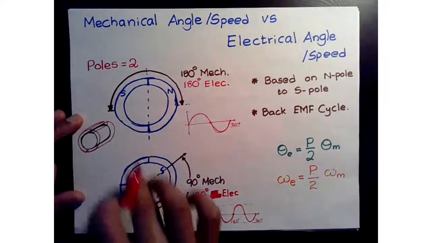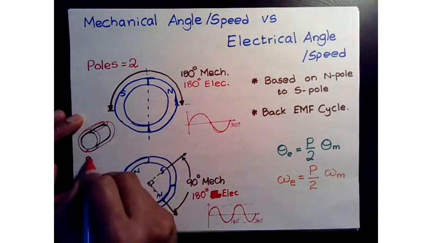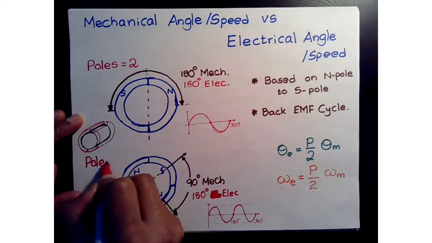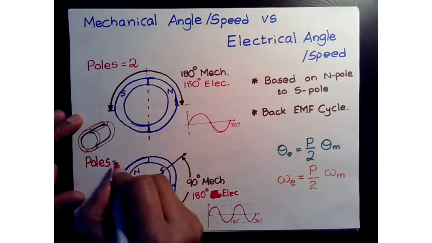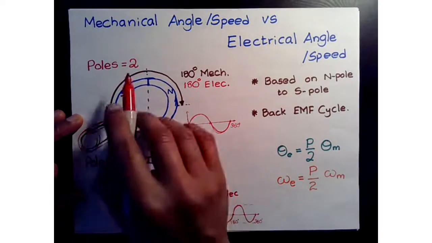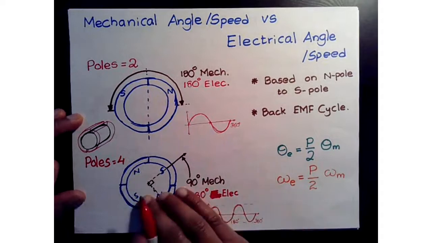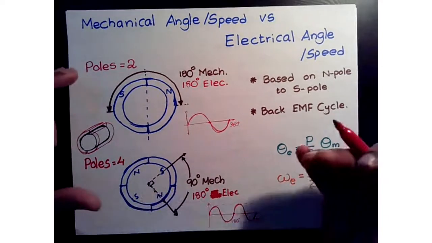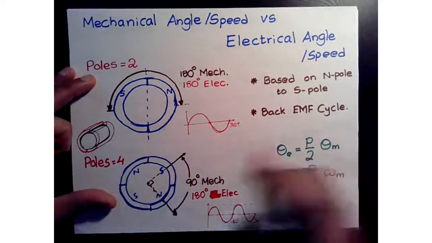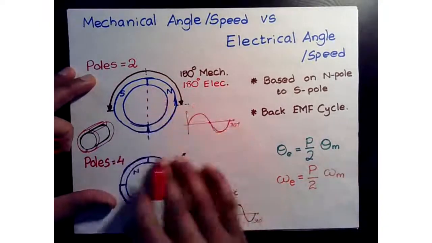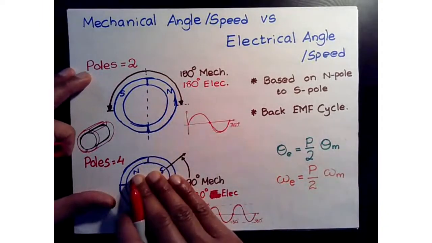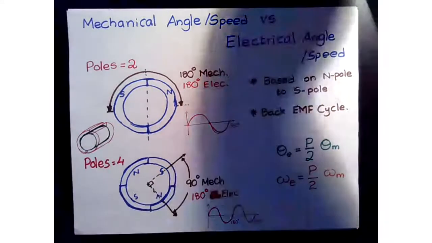I have two cross sections here. In the top one, we have two poles, and in the bottom, we have four poles. In terms of pole pairs, here we have one pole pair, here we have two pole pairs.